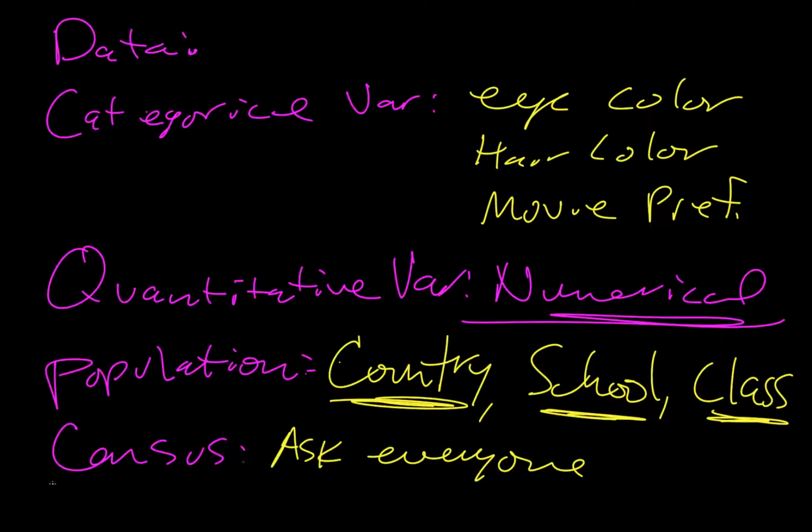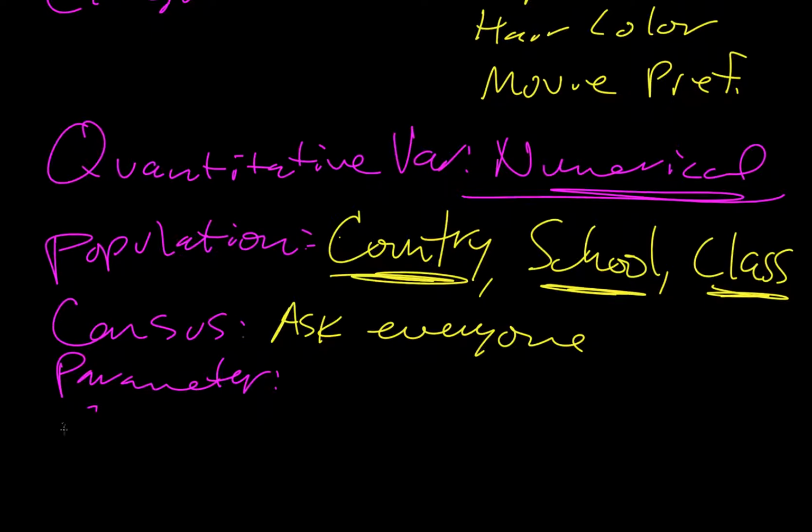Now, a parameter. A numerical quantity measuring some aspect of the population. So it's just narrowing it down a little bit. Okay, sample. A group of individuals selected from a population. If our population was the class, maybe we'll only choose 5.